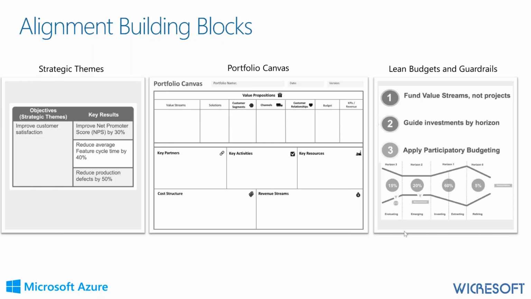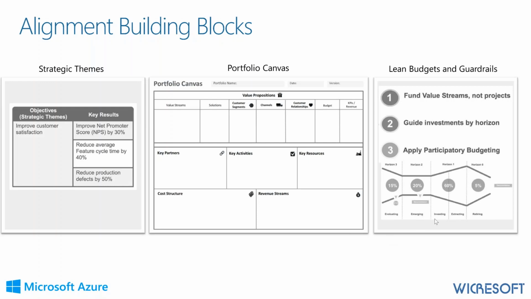The third component of alignment is really lean budgets and guardrails. Two of the items are more explicit events, ceremonies that will take place. One is actually driven by investment horizon. In other words, we're going to categorize every one of the epics into horizons in order for us to determine how we are investing into our solutions, into our value streams.